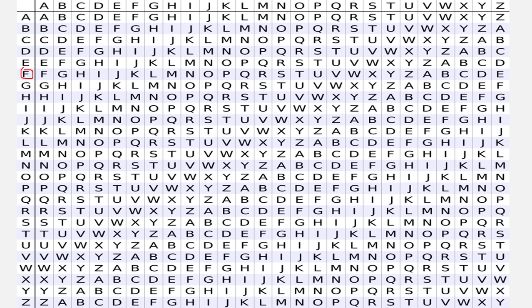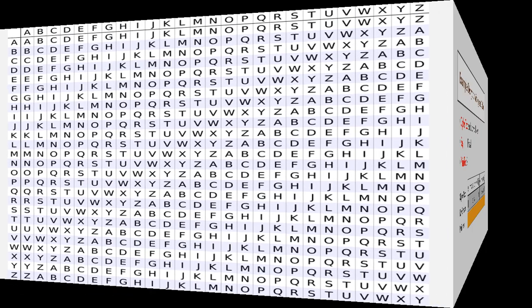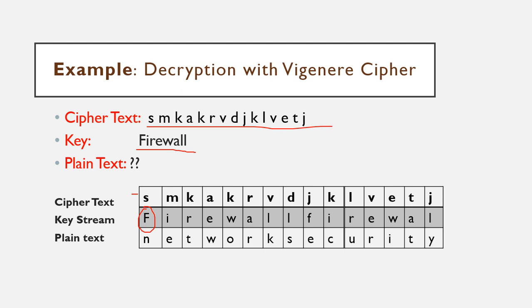Then we will look in this row where s comes. Here is the s. Now we'll look at the top, what is the top of this cell? It's n. So we will get n as the plain text character.